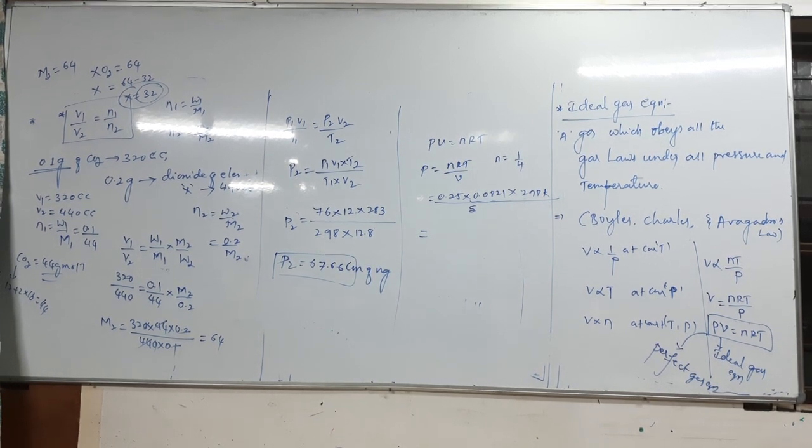At STP, the volume of hydrogen is 22.72 liter per mole.